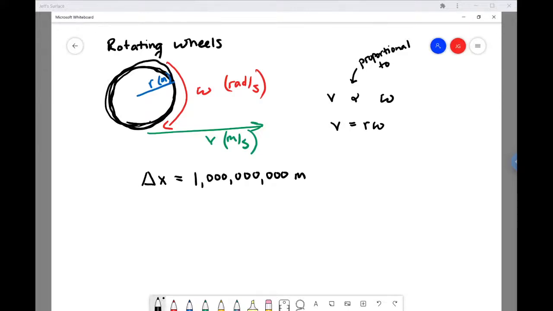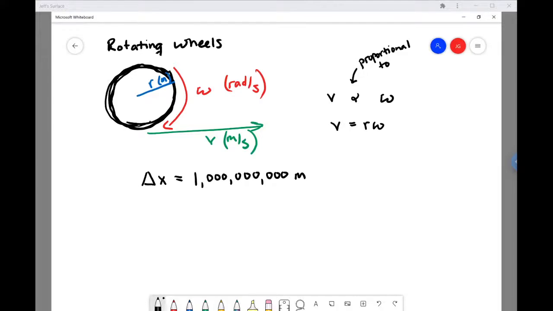Oh, that was bad. So I got an answer here. Tyler says divide by circumference.